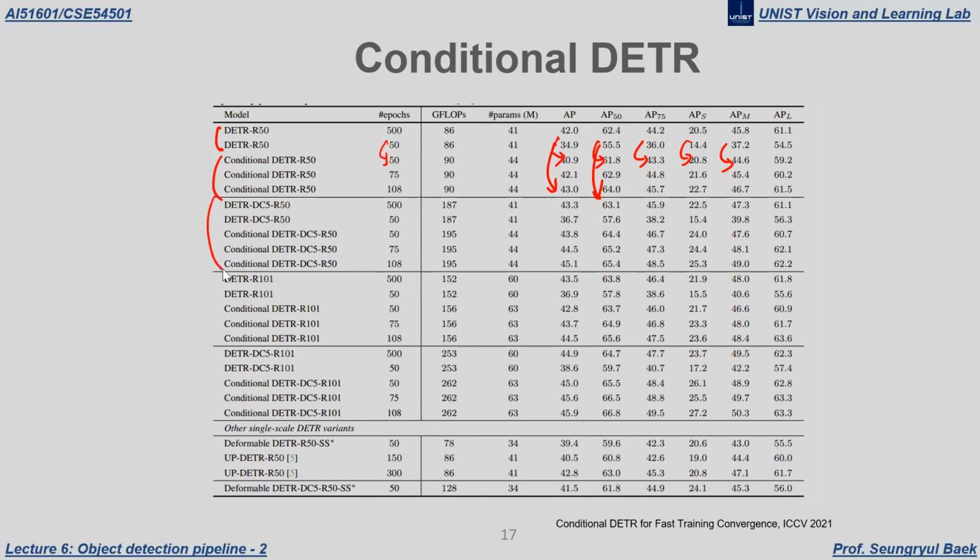Using different backbone architectures, you can also see the performance was improved. And the fully converged conditional DETR is far better than the fully converged DETR as well. So this is conditional DETR.